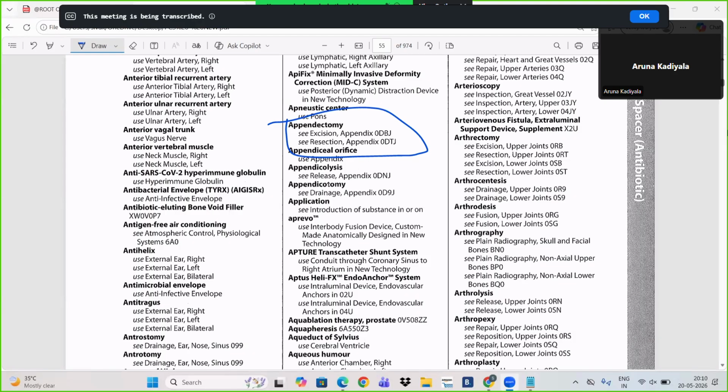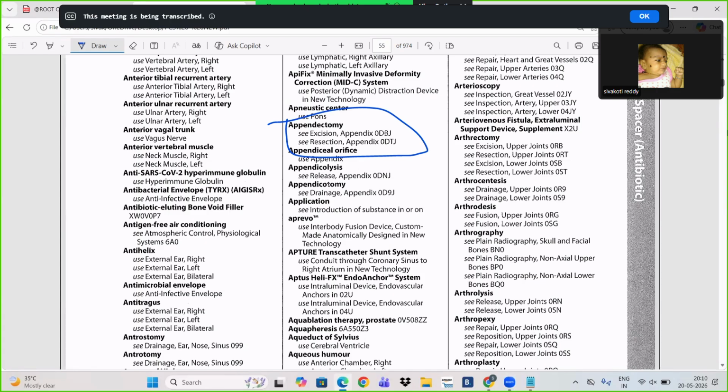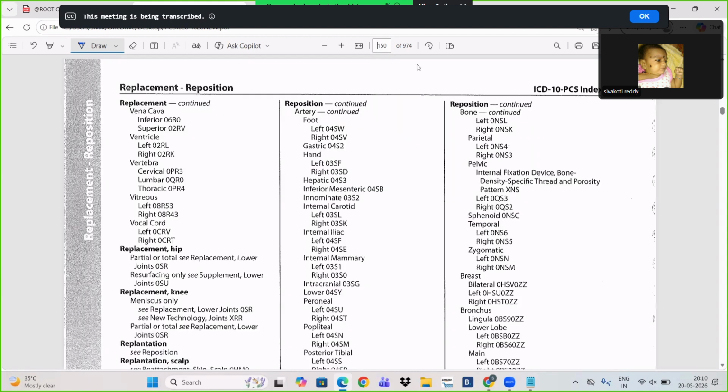Clear? Now, after identifying the 4-digit code, suppose they did the appendectomy completely, which means excision or resection. Resection. So now we need to go with resection and appendix. Under resection, check appendix.